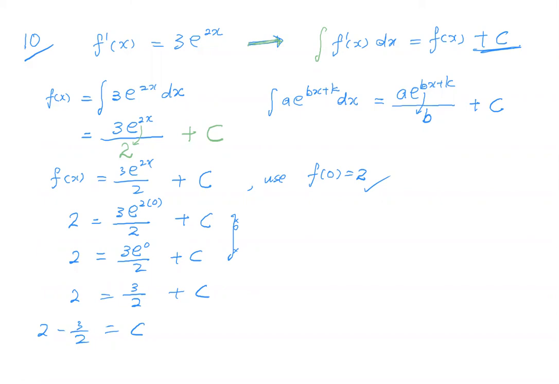Even until this step, if you don't want, you can just write down fx is equal to 3e to the power 2x over 2 plus, am I right? Here you get half. So you are done with that. Are you clear? Yes. So that's how you get the function.